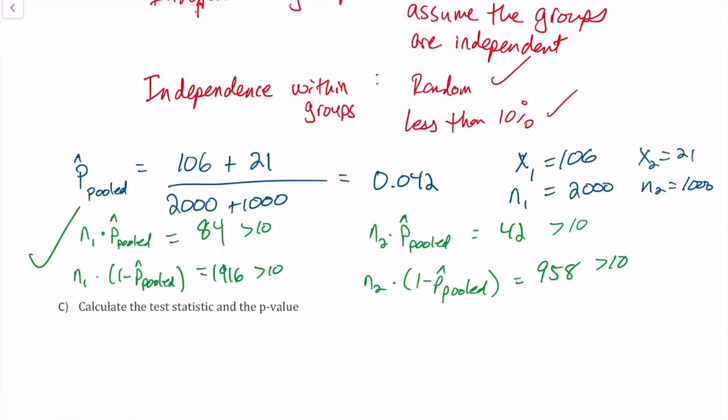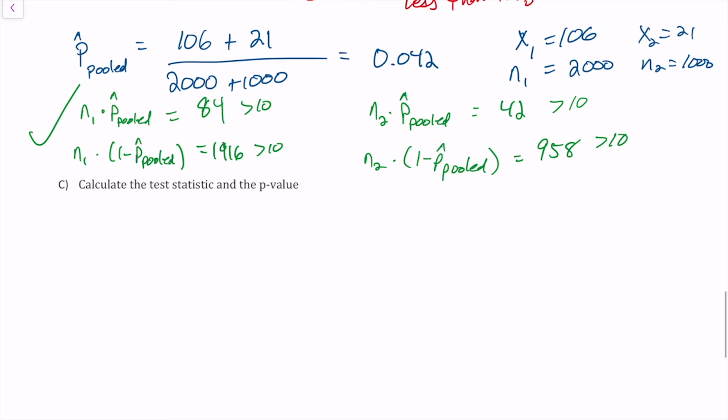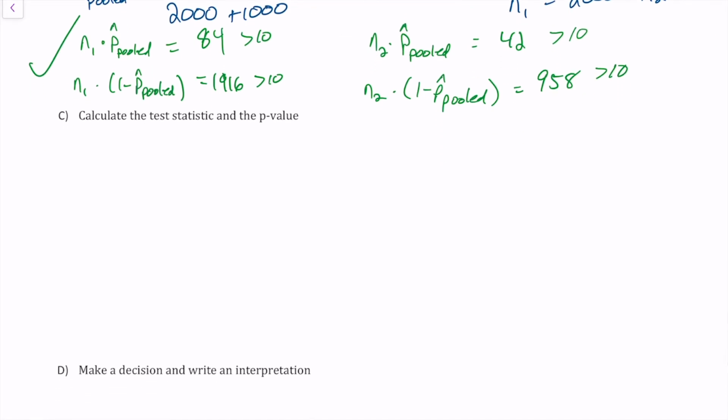So, moving along. Now that we have all the conditions met, let's calculate our test statistic and p-value. As I told you, we're going to do this in StatCrunch.